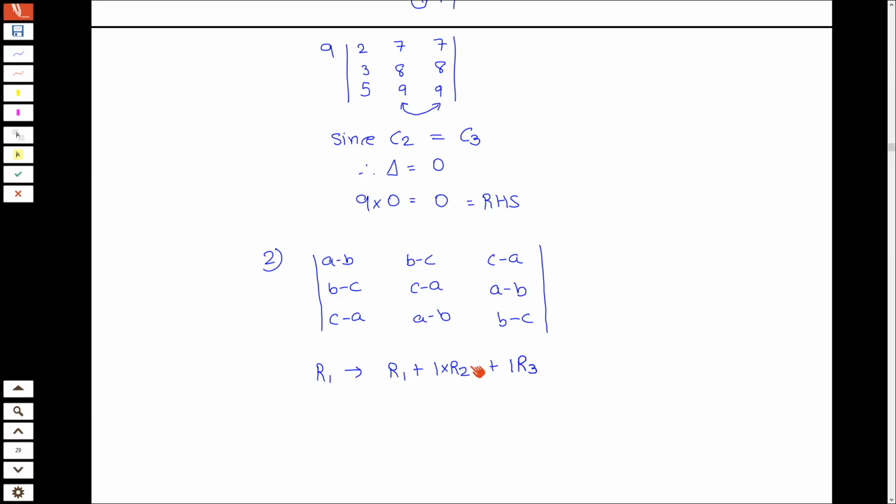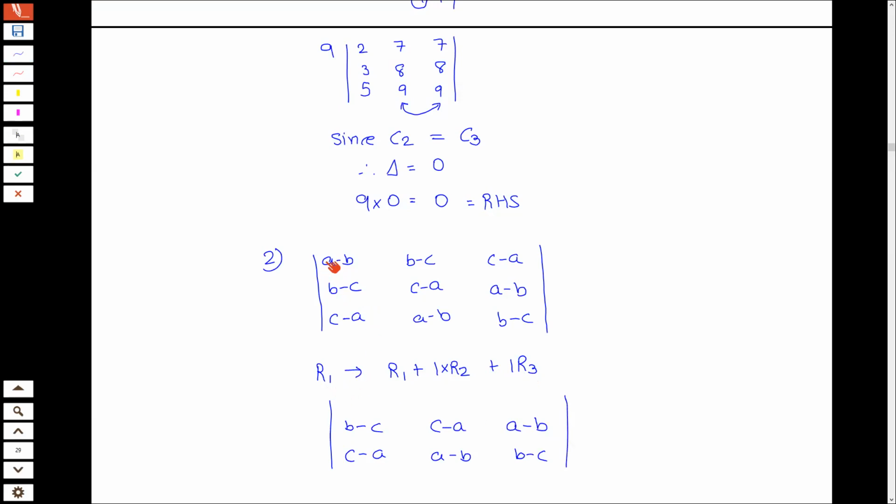You can have simultaneous, वरना 2 स्टेप में करना पड़ेगा. रो 1 प्लस रो 2, फिर जो आएगा उसमें रो 3. सो ये एक साथ आप कर सकते हो, रो 1 प्लस रो 2 प्लस रो 3. सो हियर रो 1 विल चेंज. सो 2 and 3 में कोई चेंज नहीं होगा. सो b minus c, c minus a minus b, c minus a minus b, b minus c.